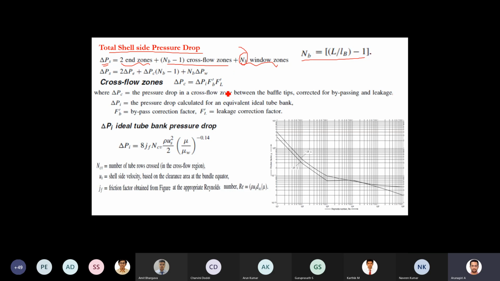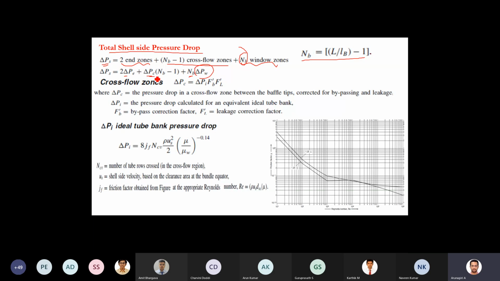So zone wise we have to calculate the pressure: 2 times the end zone delta P, plus the cross flow zone pressure drop times NB minus 1, plus NB, the number of baffles, times the delta P W, the window zone.